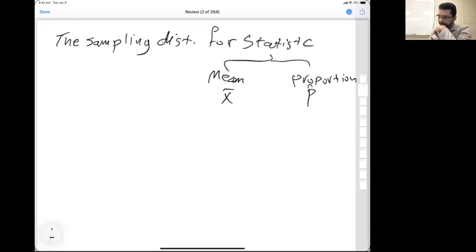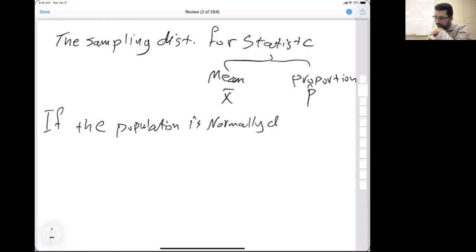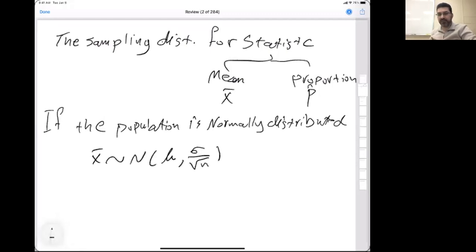If the population is normally distributed, in other words, the shape of the population data is a normal distribution, then in this case x bar, whatever the sample size is, small or large, follows the normal distribution with mean mu, which is the same mean of the population, and standard deviation sigma divided by square root of n. So this is the first thing.